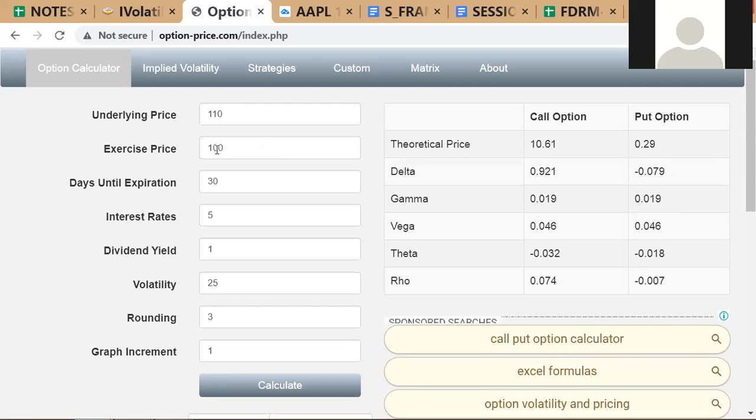So I exercise the option, I buy the underlying asset for $100, and the market price for the underlying asset is 110. So I will buy at 100 and I will sell it off at 110. I'm squaring off my position, and that's why the IV is 10. Okay, so this is how you should understand IV.